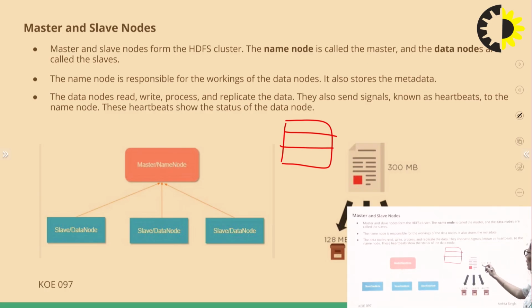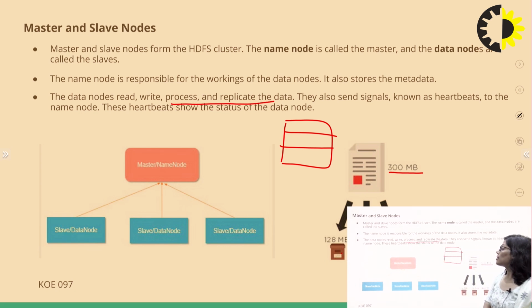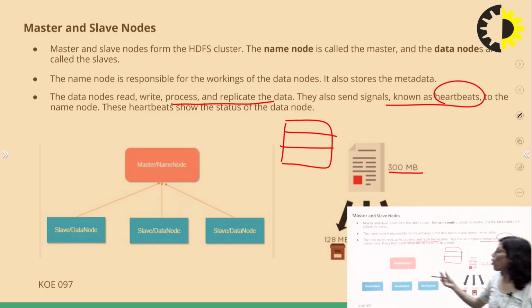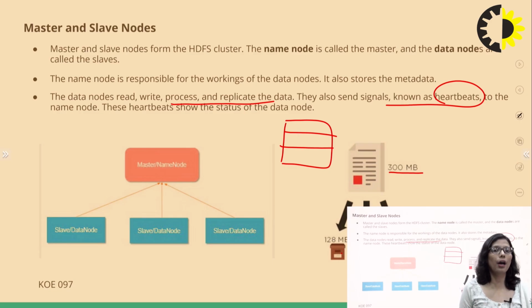You can see the data is being distributed across various nodes. 300 MB of data is distributed across 3 data nodes, that is 128 MB each. Also, each data node reads, writes and processes the data. They also send signals known as heartbeats. So how does my name node know if any of the data nodes is not responding or has gone down?